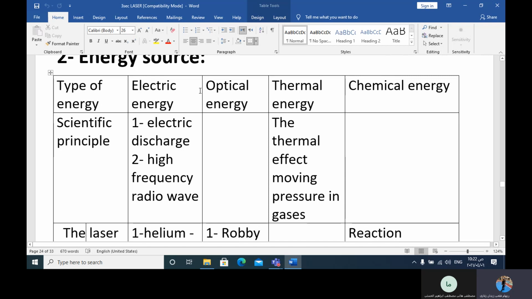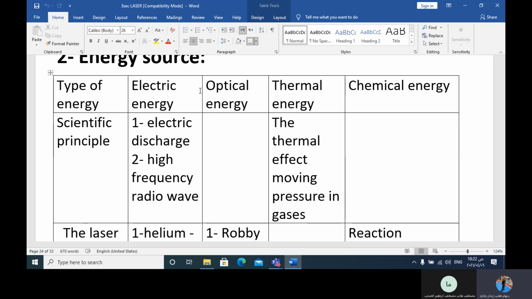When electric energy is used to excite atoms, this can be achieved in two ways. It's either by using the electric discharge technique, where we apply high voltage, and this will cause electric discharge, and electric discharge will trigger the lasing action.